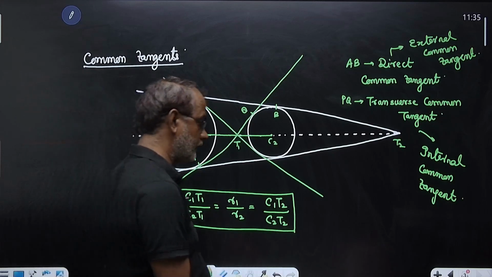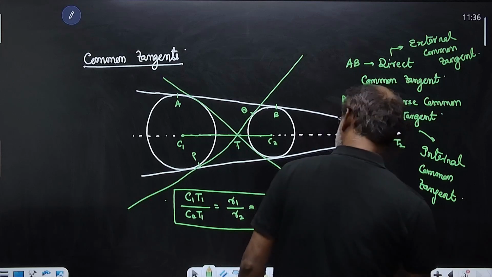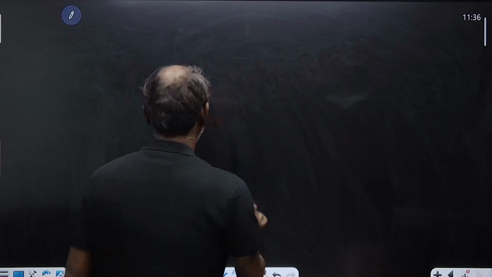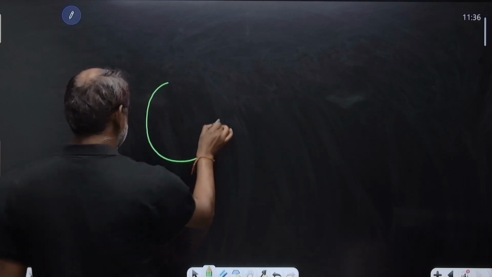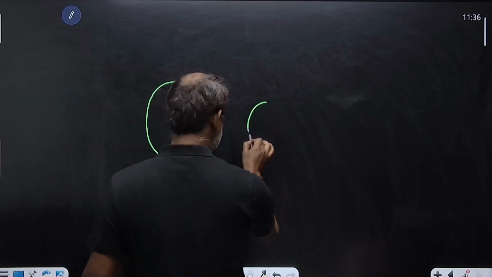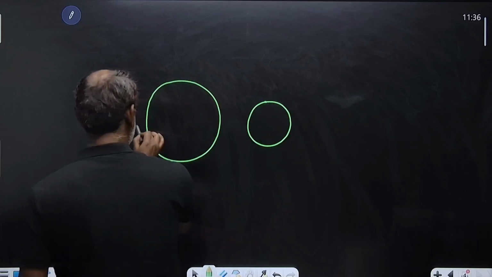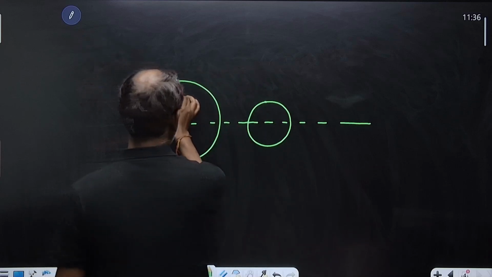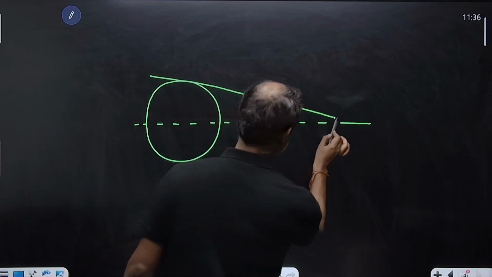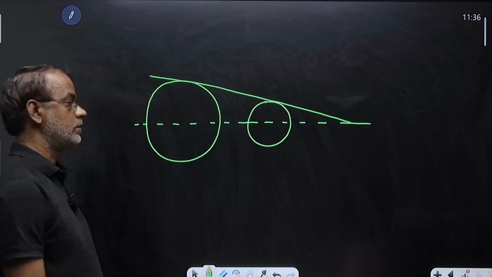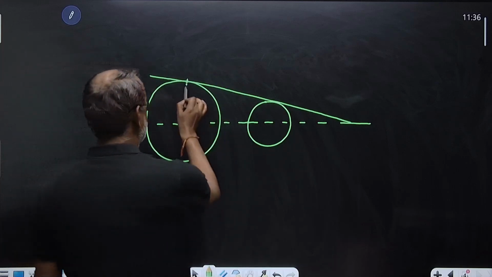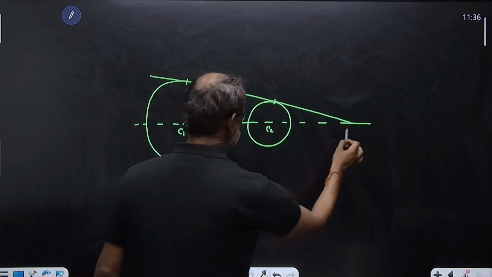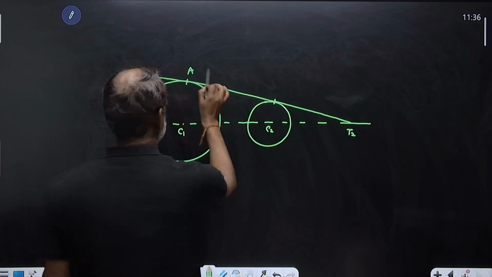I think we will be able to prove it. How do we prove it? First and foremost, let us prove that they meet on the line joining the centers. Suppose we draw this line, say C1, C2, this is T2, this we marked as AB.